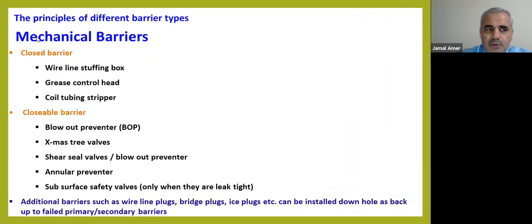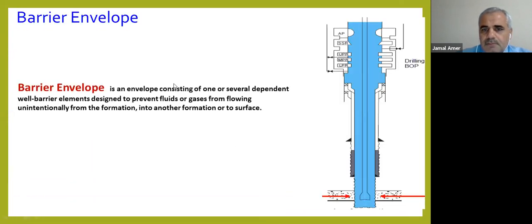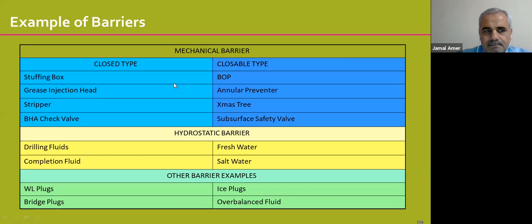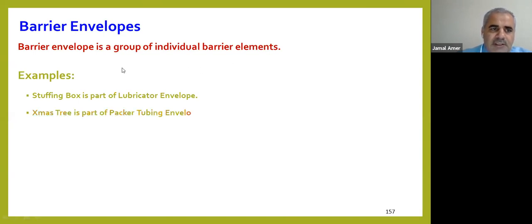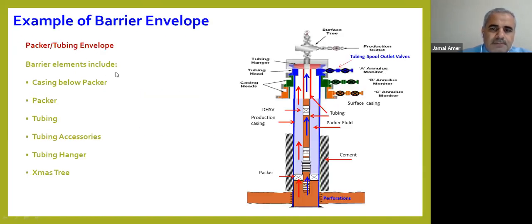Also, we have closed barriers and closable barriers. We will see the difference between them. Mechanical barriers, hydrostatic barriers, other barriers. These are examples of barriers. Barrier envelope, what is it? We'll see the definition and examples of barrier envelopes.